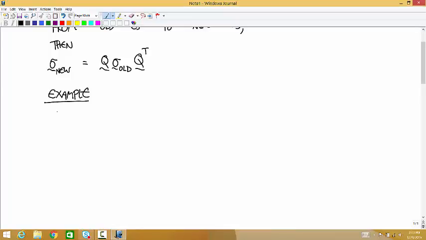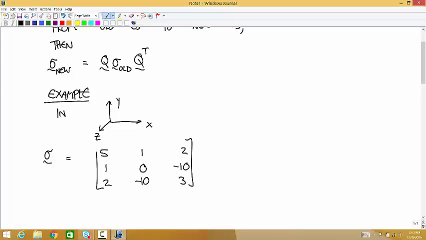Okay, so let's say that in this coordinate system, the stress tensor at a point is 5, 1, 2, 1, 0, negative 10, 2, negative 10, 3, and this is all in megapascals.